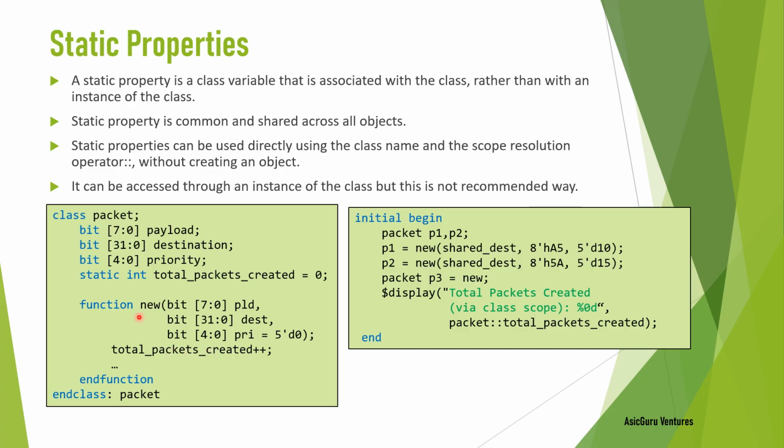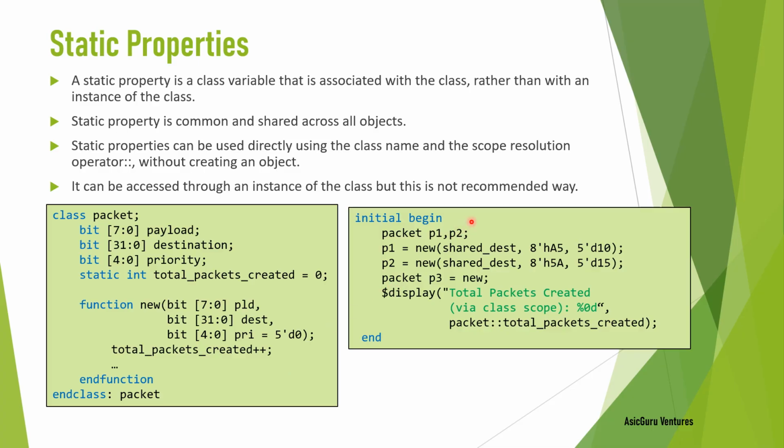There is a custom constructor function inside this class, and inside this constructor we are incrementing this static variable every time. So this constructor would be called every time an object is created, right? So every time an object is created, the static variable is getting incremented.